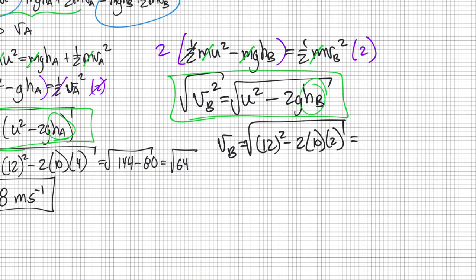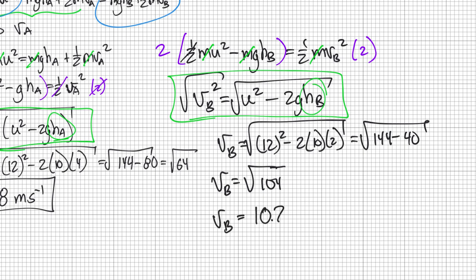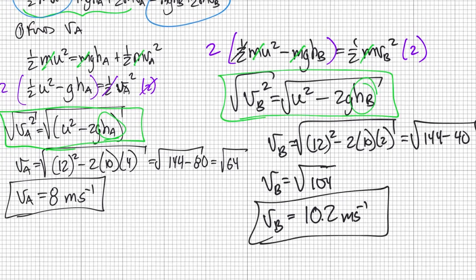That is 144 minus what? 20 times 2 is 40. That's the square root of 104. Which is going to get me a value of 10.2 meters per second.